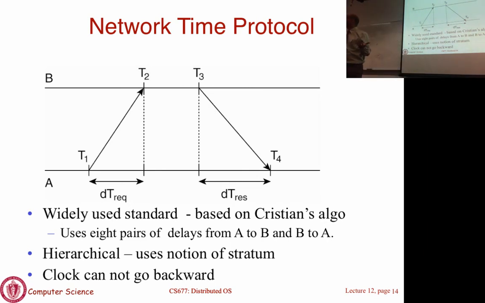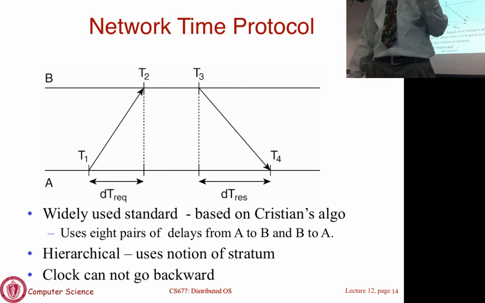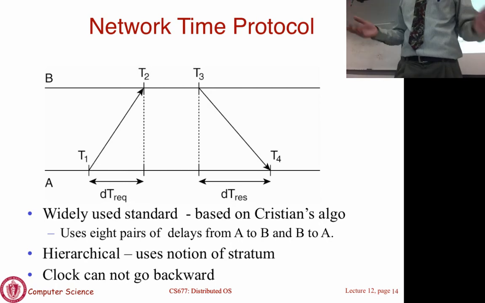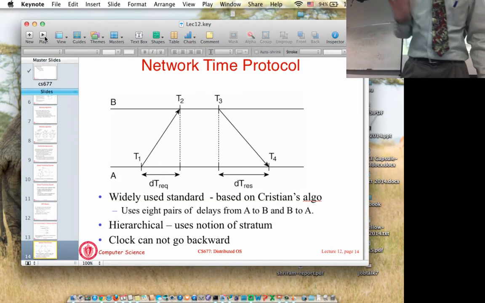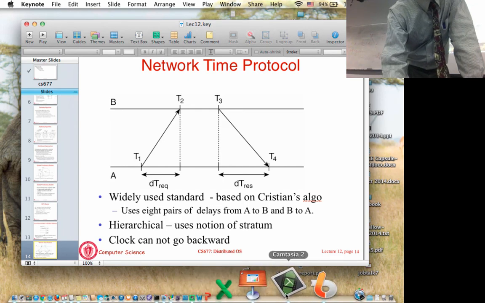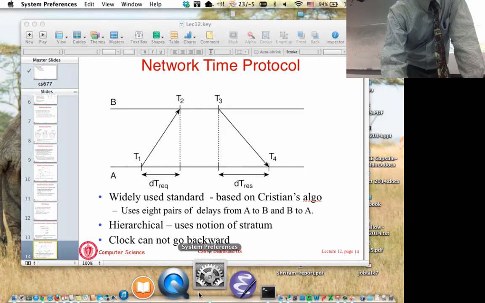UMass runs an NTP server. I think it's called ntp.umass.edu or some such thing. So you can set your machine to synchronize with that. By default it synchronizes itself with some pre-configured time server. You can go into your settings and find out what NTP server your machine uses.